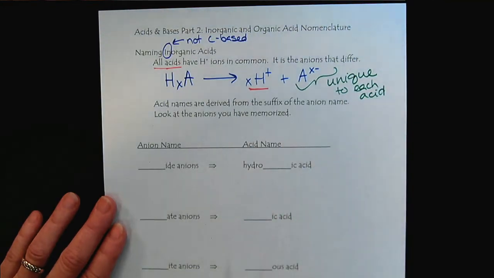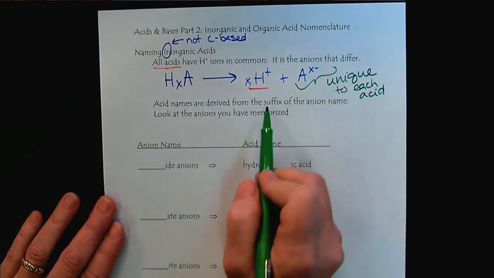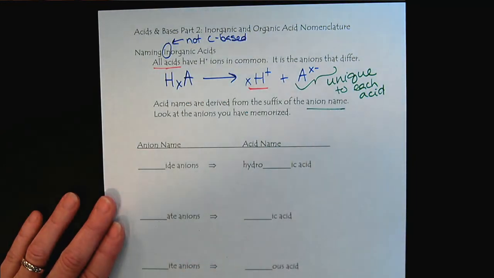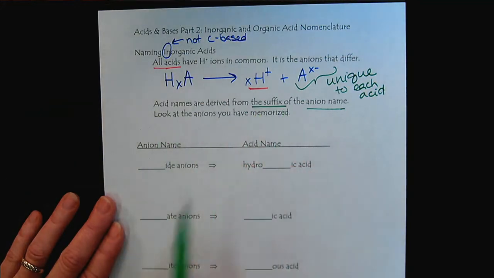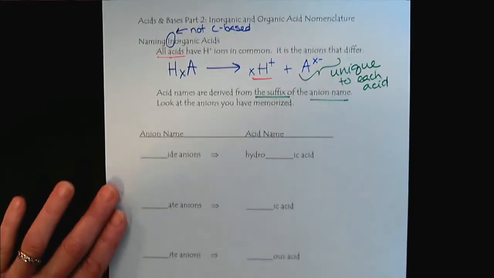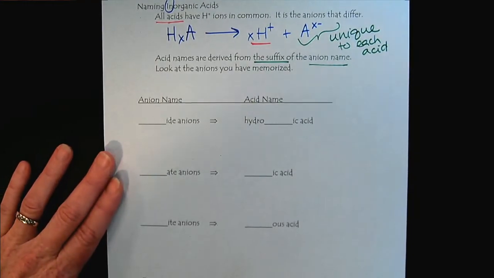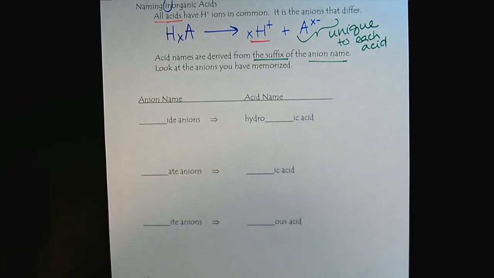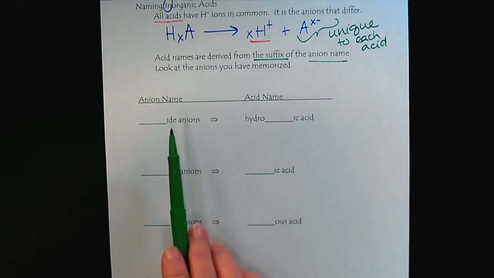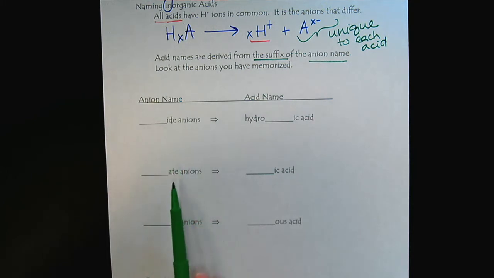So when we're naming acids, it is the anion that is going to drive the acid name. If we look at our anions, we'll note that there were only 3 different suffixes for all of those anions that we've learned: "ide," "ate," or "ite."